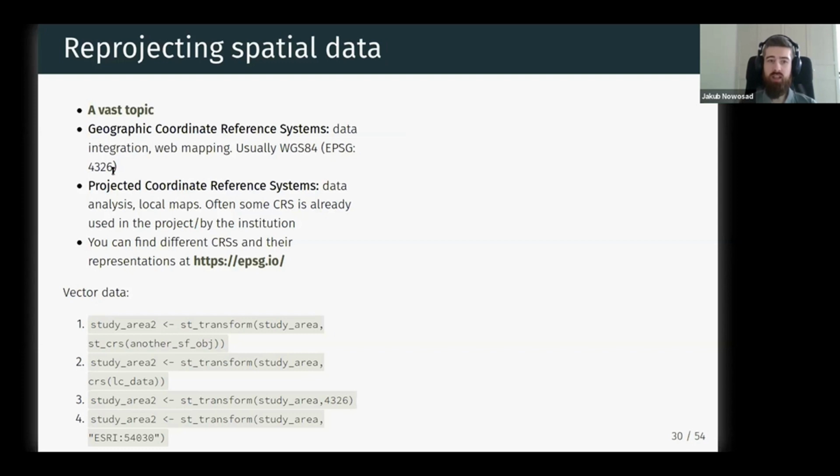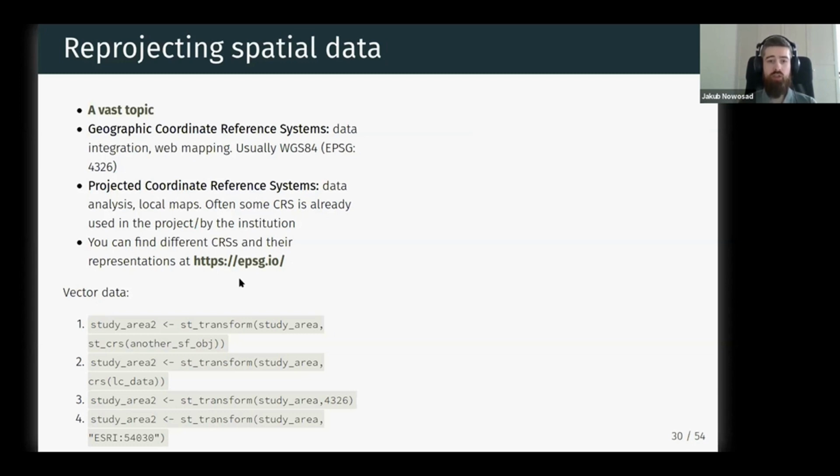For spatial data analysis, most of the time you work on a local or regional area, and you should transfer your data to the projection of this local area. And gladly, often there is some CRS, so coordinate reference system, for this area. And you can find them using this website here.